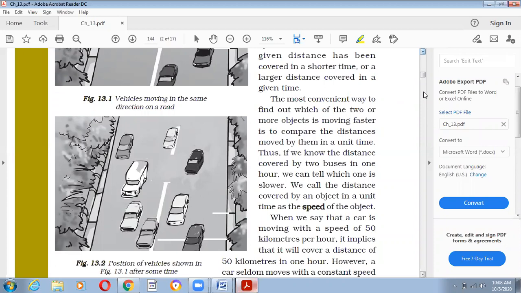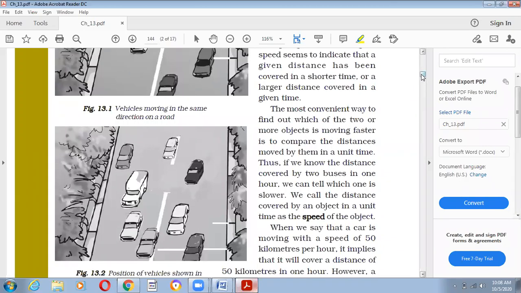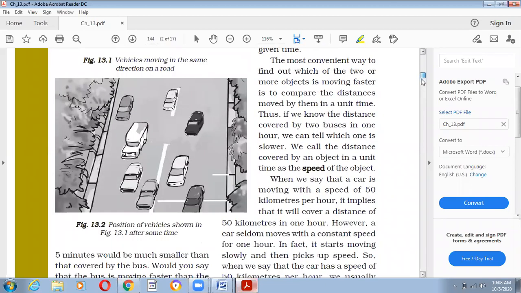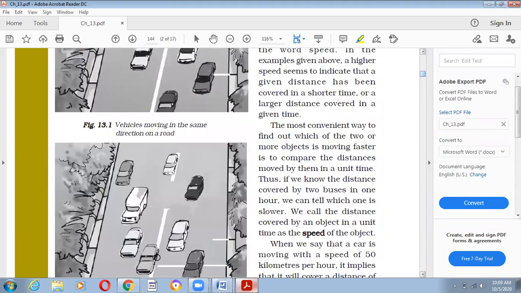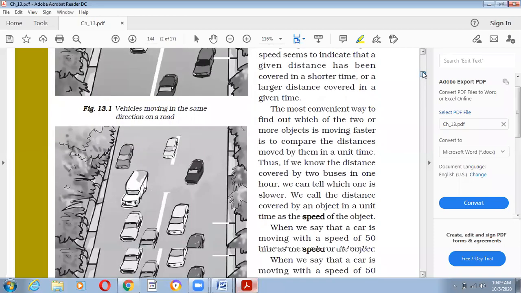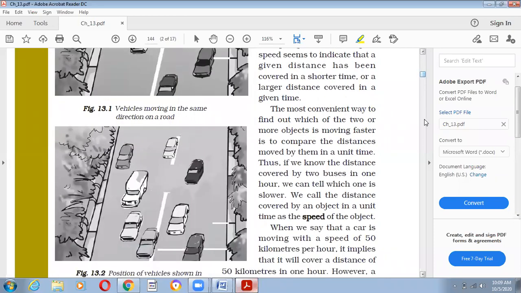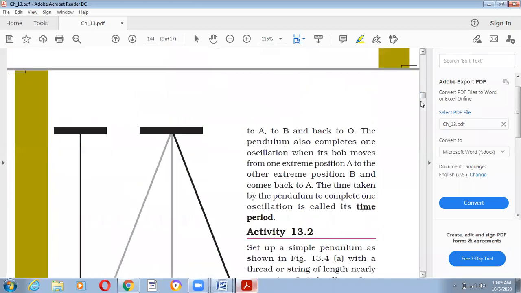You can see this 100 meters is shown by 1 centimeter. So what will be the speed of the blue car? I think this one is the blue car. So it will become 0.1 centimeter per second.